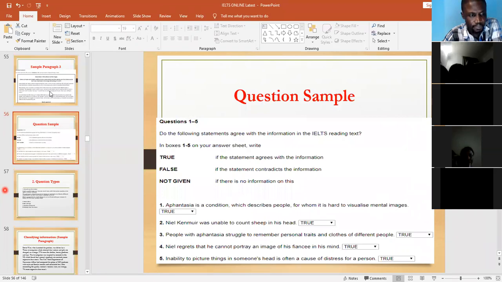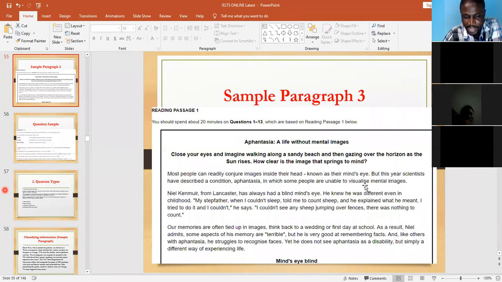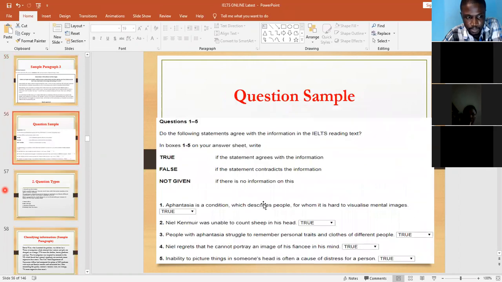The passage is saying aphantasia because it started with a condition, aphantasia, in which some people are unable to visualize images. So, according to this passage, there is a problem. The passage uses the word unable. The question uses hard. Hard and unable, are they the same thing?